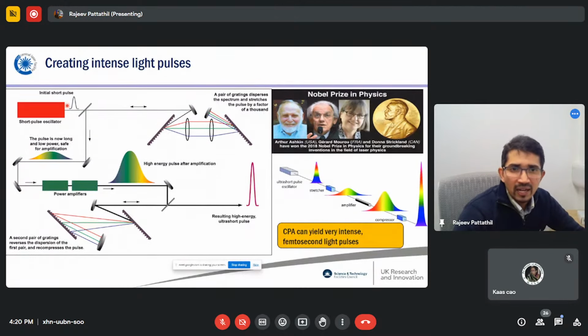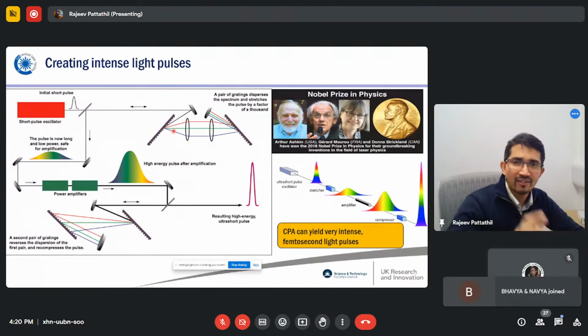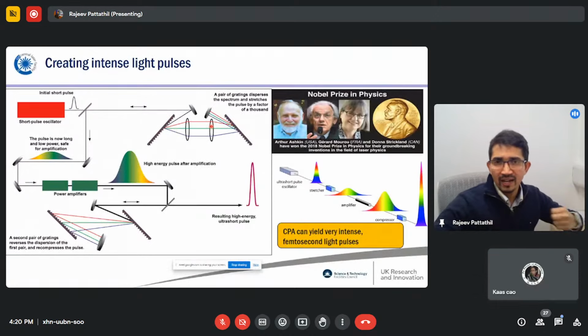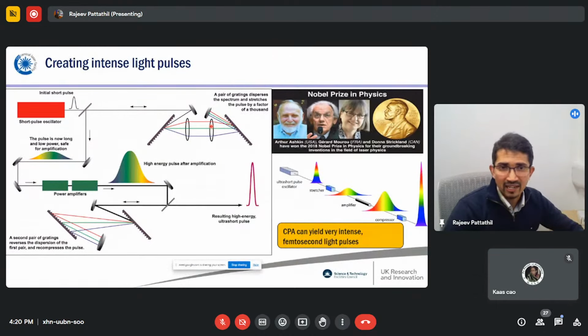So what people do is stretch this pulse in time by splitting different frequency components, or different colors in the pulse, into a spatial domain and moving them apart spatially. So you can make the red part of the pulse travel more compared to the blue part, or vice versa, which means that you're stretching this pulse in time. It's called chirping.